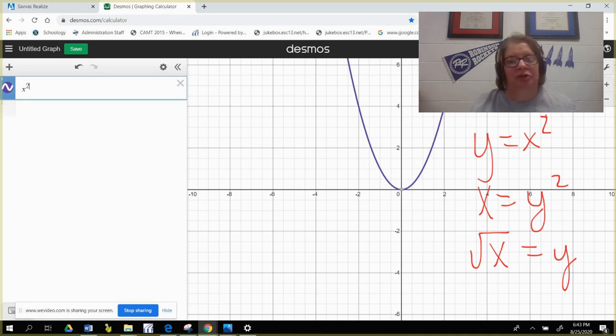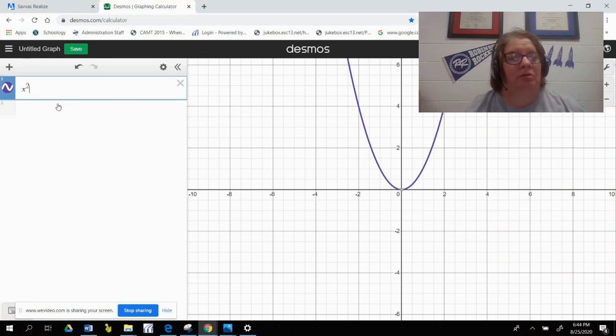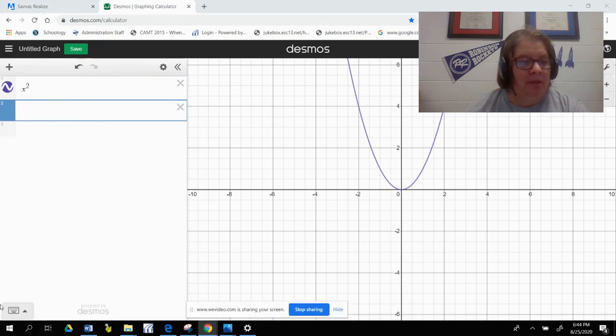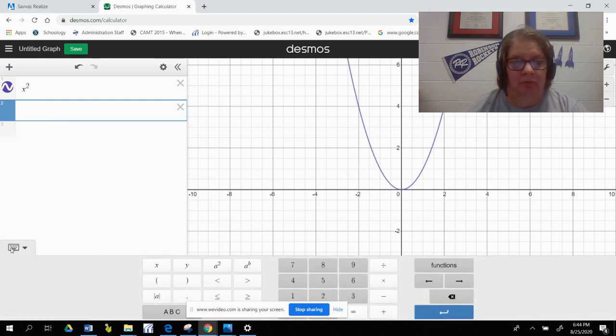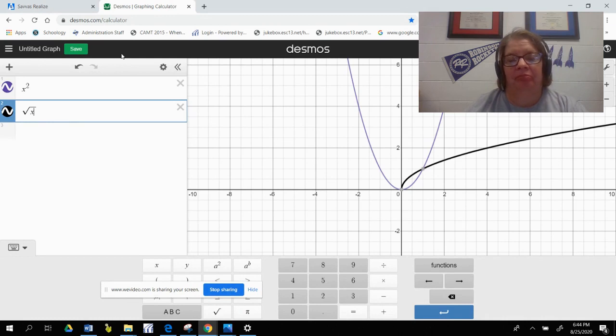Now we know this inverse should be flipped across the line y equals x, right? So let's see what happens. When I make the inverse, it was square root of x. For Desmos, your square root's going to be in this little, there it is, square root of x. And you only get the top part, right?